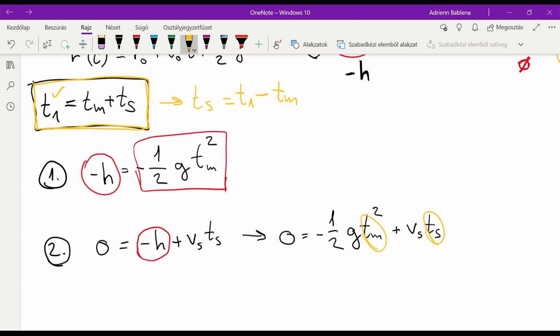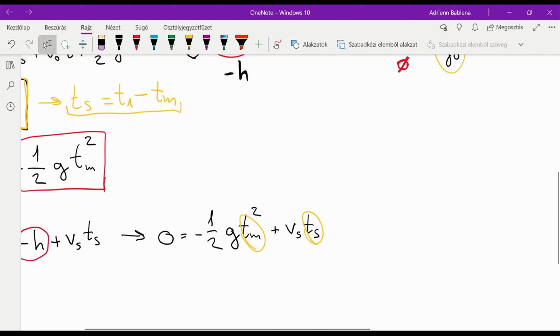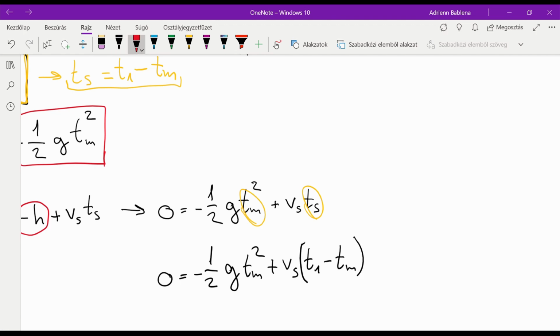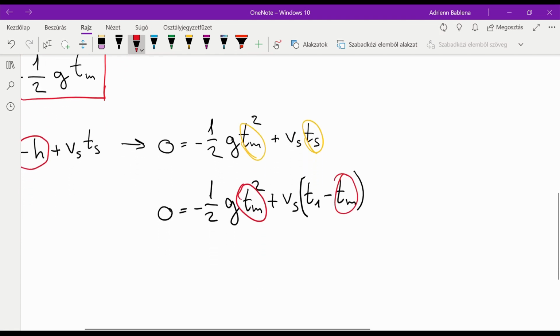I can write this into our equation. So 0 is -1/2 g Tm square plus Vs times Ts, which is T1 minus Tm. And now there is only one unknown parameter in our equation, Tm.